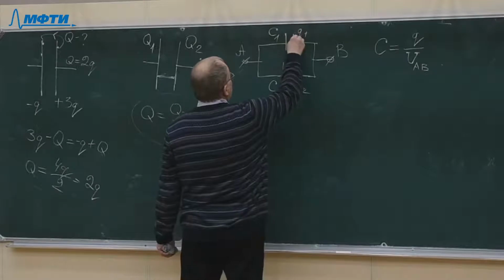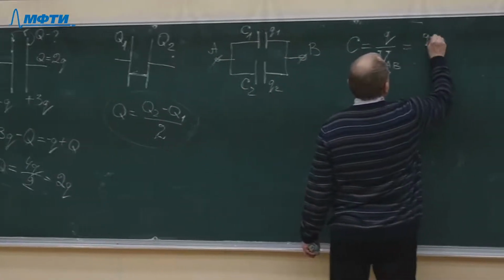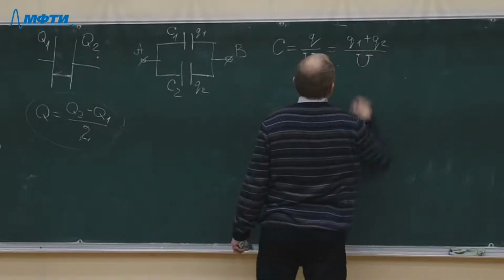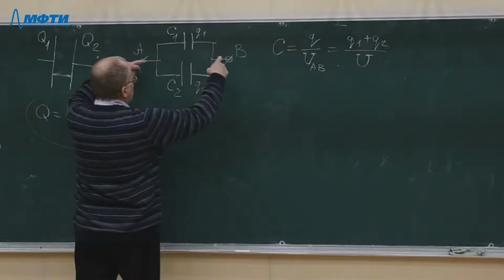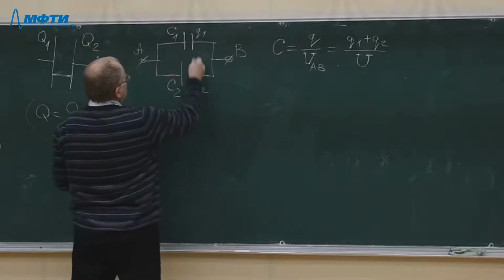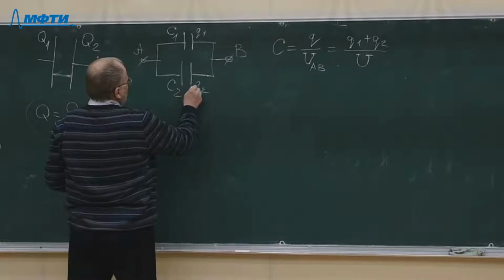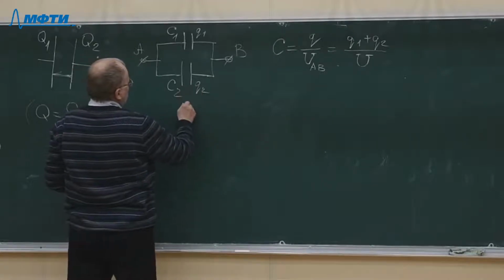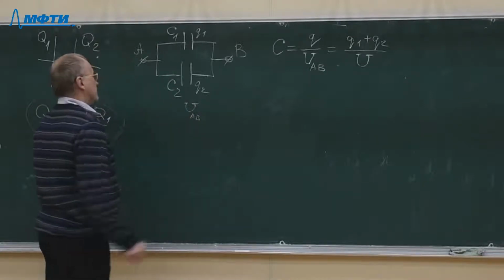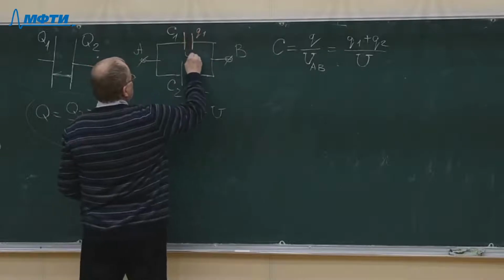Then the total charge will be just the sum of these two charges, Q1 plus Q2, divided by the total potential difference. And the potential difference will be the same as between points A and B, or on the first capacitor, or on the second capacitor. We may denote it simply by U.